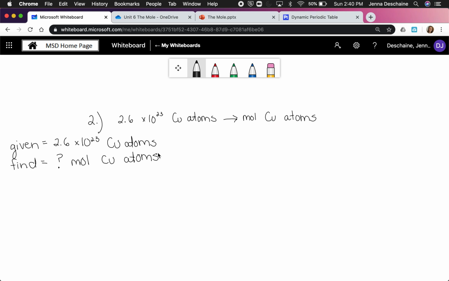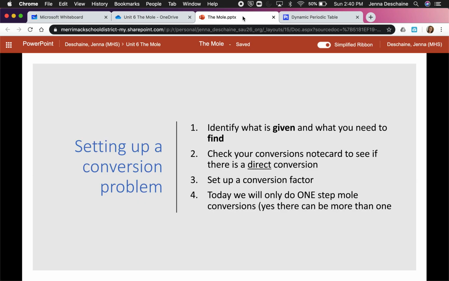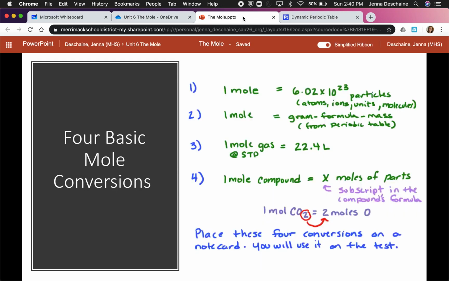Okay? So, next thing I'm going to do is look for a conversion on my note card that I made. I'm looking to go between moles and atoms, okay? And that looks like number 1 applies to this here. So 1 mole is equal to 6.02 times 10 to the 23rd particles. Those particles could be atoms, ions, units, or molecules.